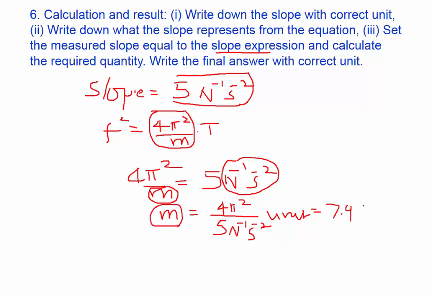Now, what you get is 7.9 Newton second squared. If you can show that Newton second squared is the same as kilogram meter, you can earn 1 extra credit point.